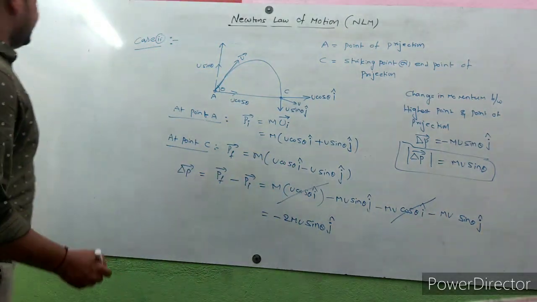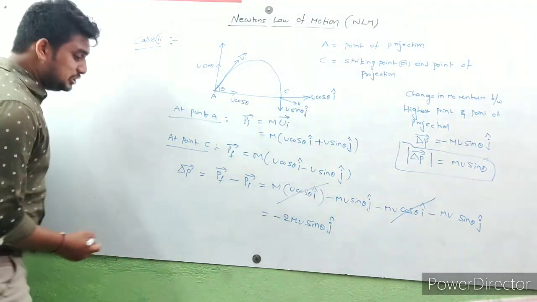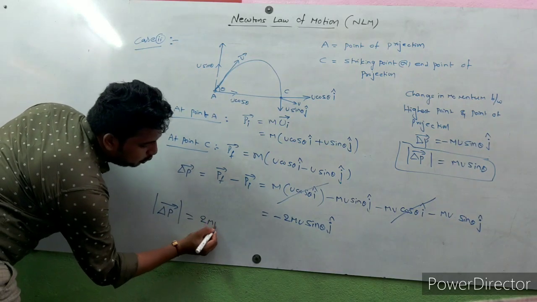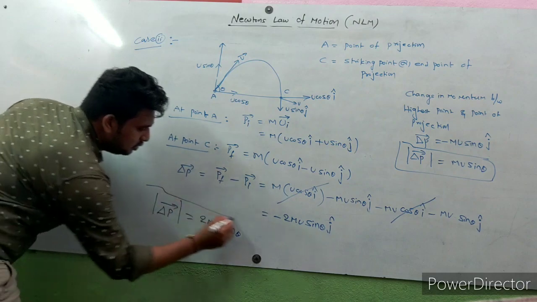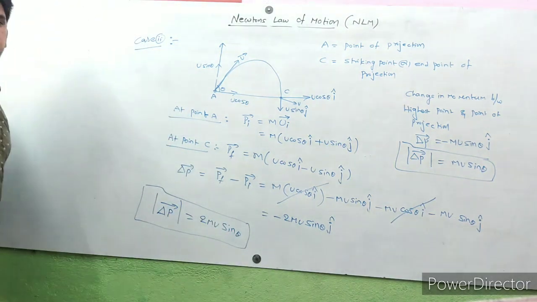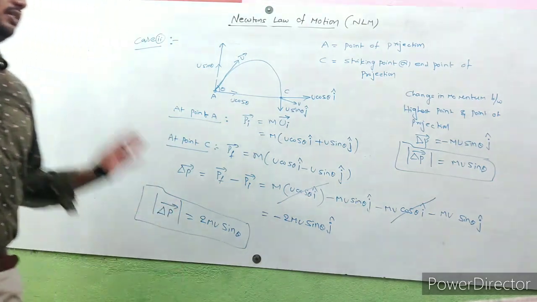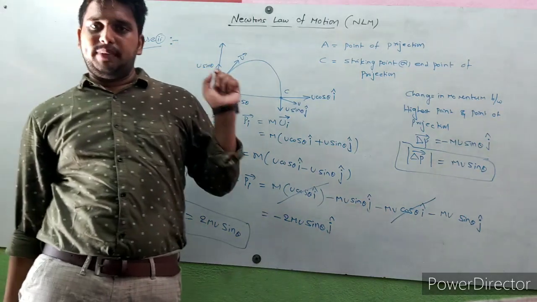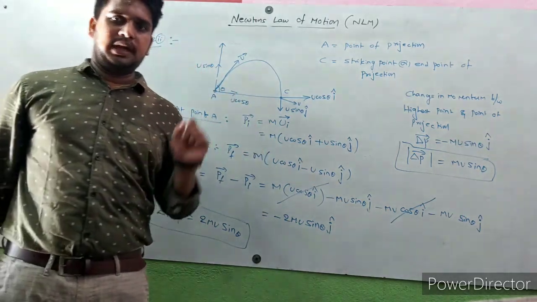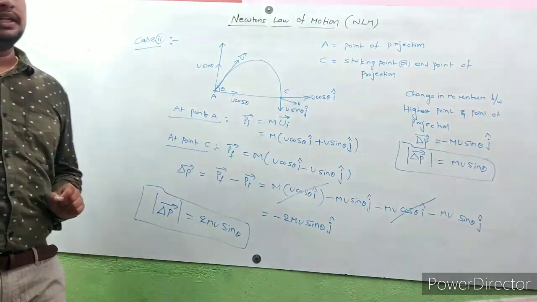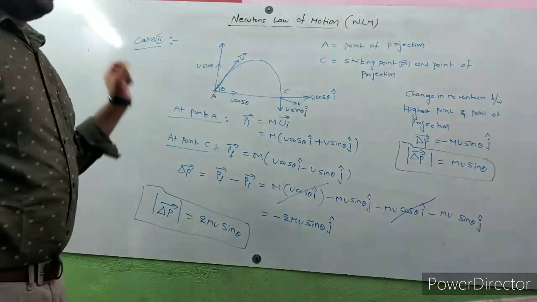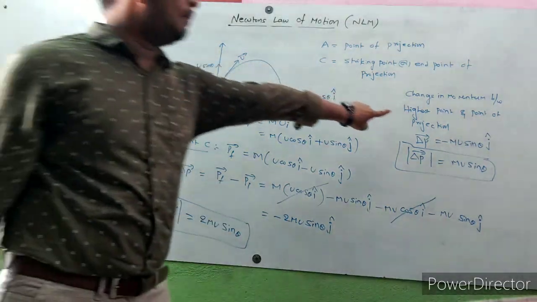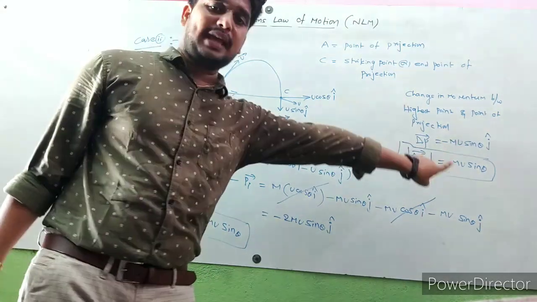So here we are finding the magnitude of change in momentum, which is 2mu sin theta. This is very important. So in case of oblique projection, the change in momentum between point of projection and highest point is minus mu sin theta j cap, or the magnitude of change in momentum is mu sin theta.